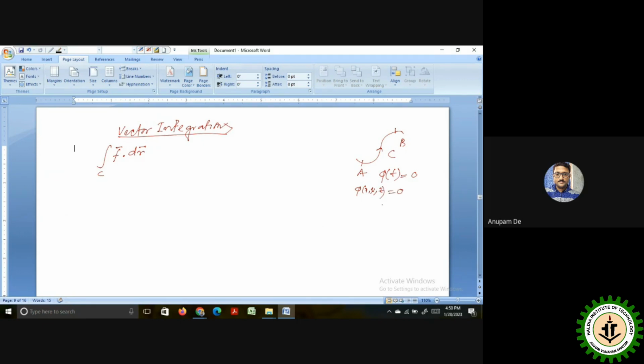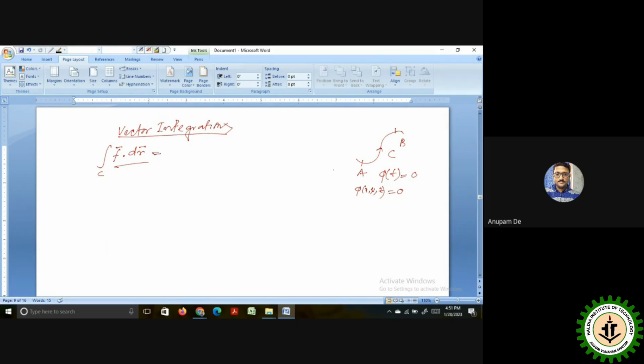This type of curve may be there, this C, but sometimes it becomes very tough for us to calculate this. For a very particular case, we have talked about line integral.